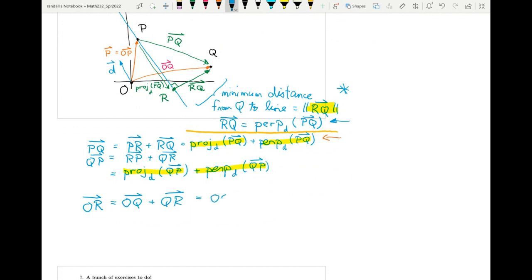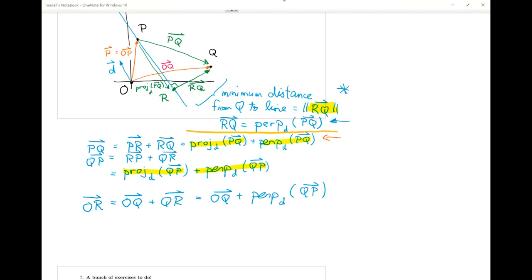So O to R is equal to O to Q and then Q to R, which is OQ plus perp along D of Q to P. Not P to Q. So this is a formula right here that gives us the coordinates of R. Remember, the coordinates of the vector OR is the coordinates of the point R. On the left, that's what I want, but on the right, I have everything that I need.